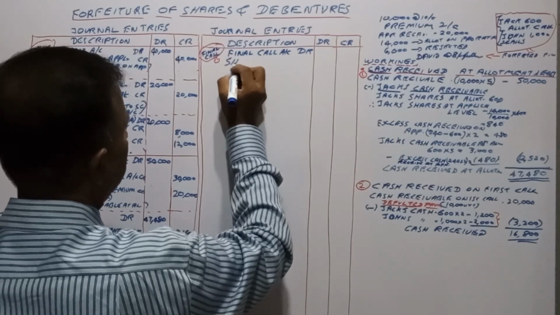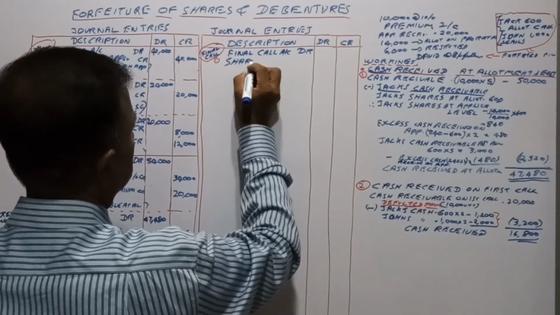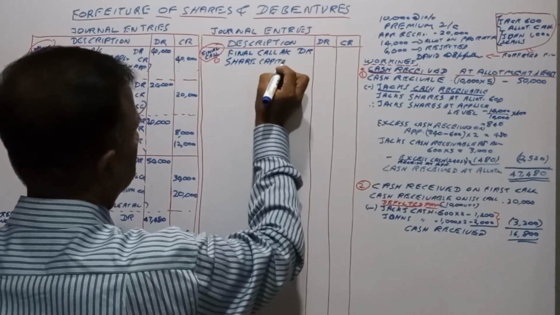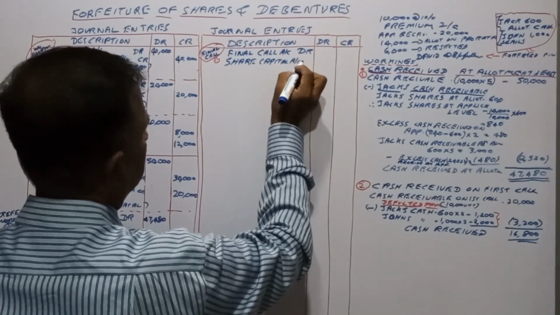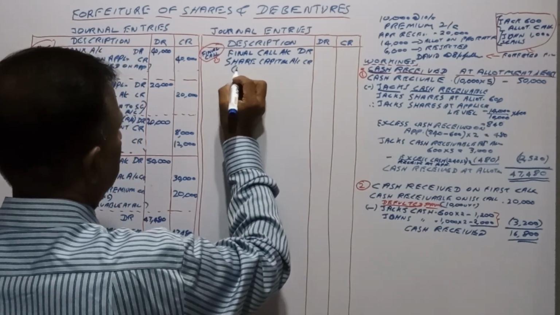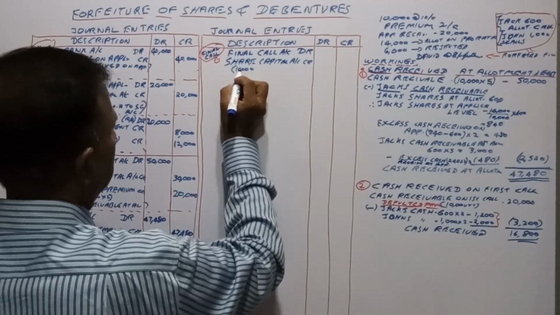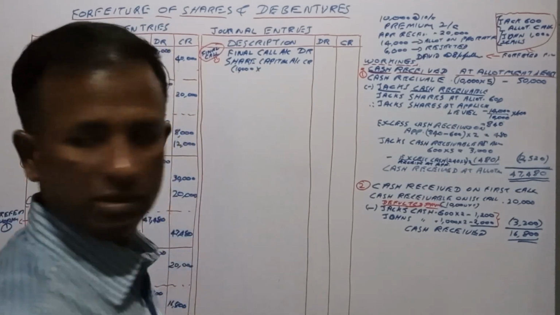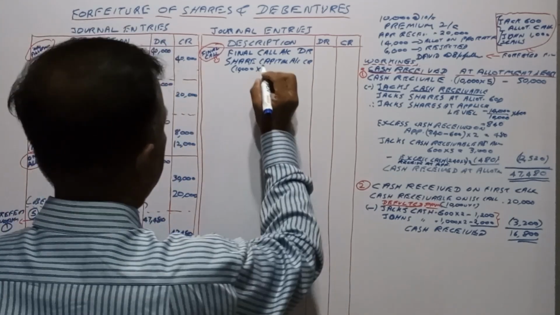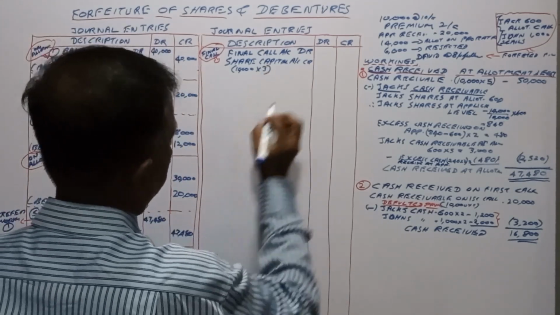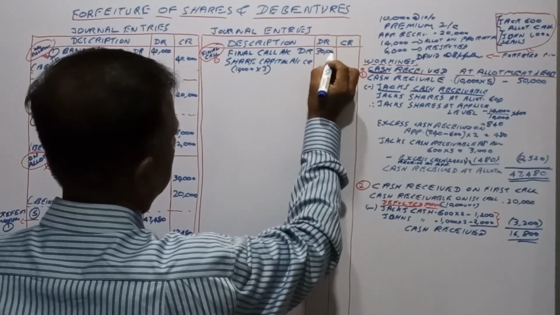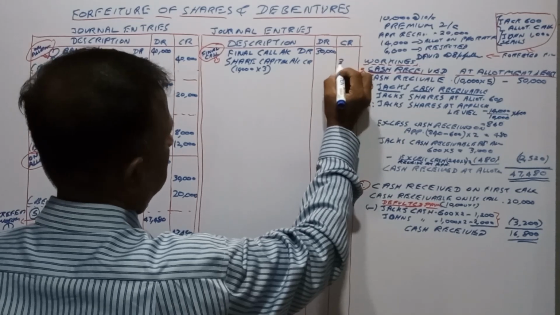Share capital account credit. That is 10,000 shares at the rate of how much? On final 3 rupees. 10,000 shares at the rate of 3 rupees. That is 30,000 and 30,000.